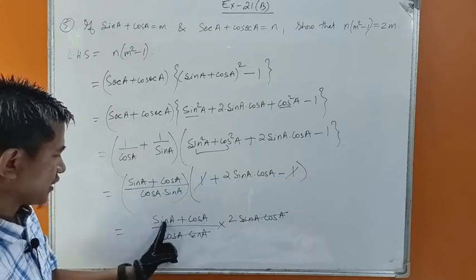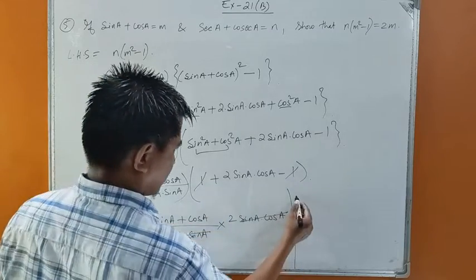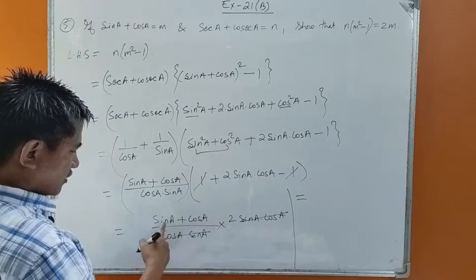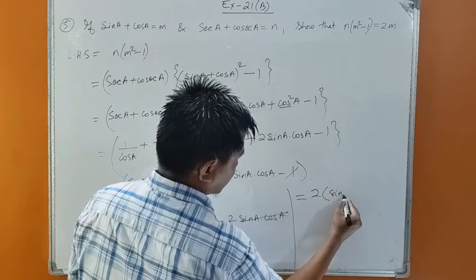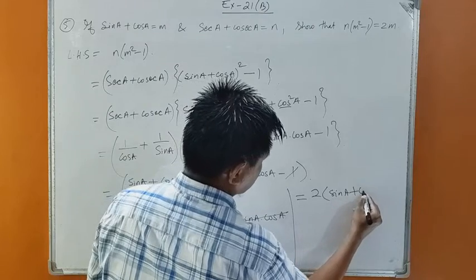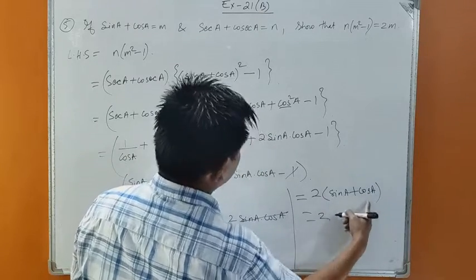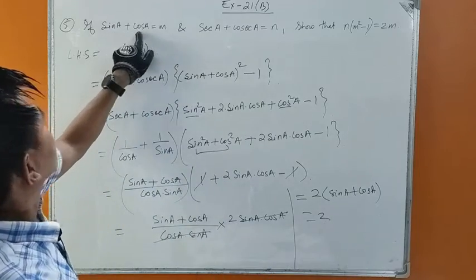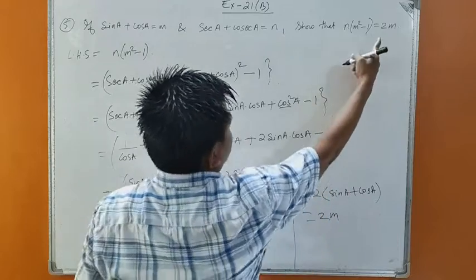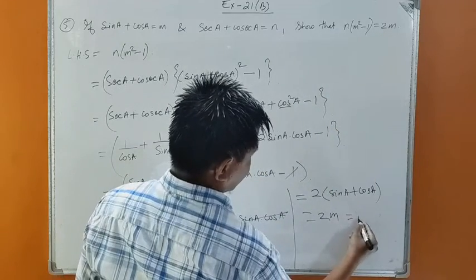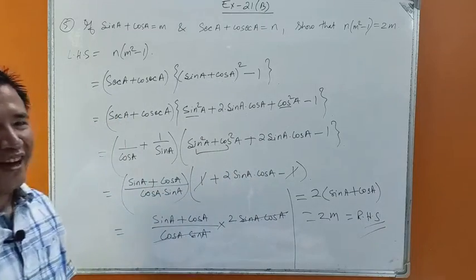So 2 into (sin A plus cos A) we have, isn't it? So sin A plus cos A is m, so this is 2m. We have 2m in the right hand side, equals RHS, hence proved. I hope you got this.